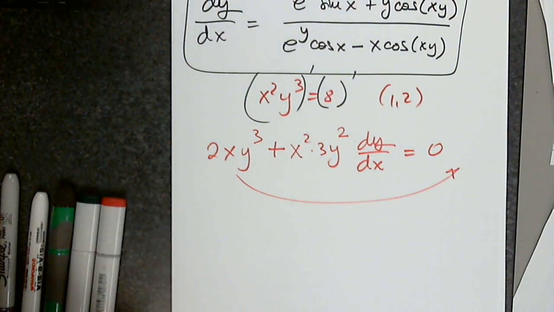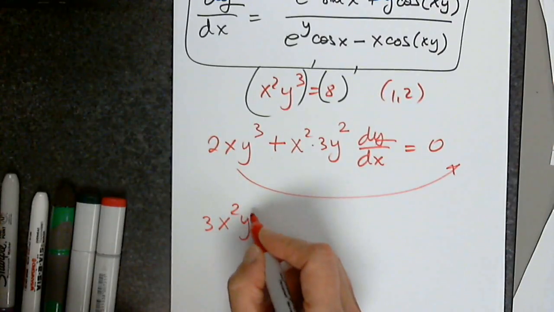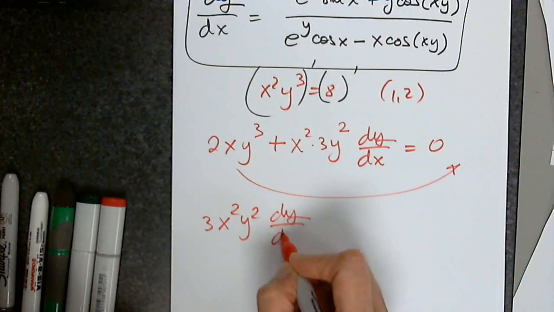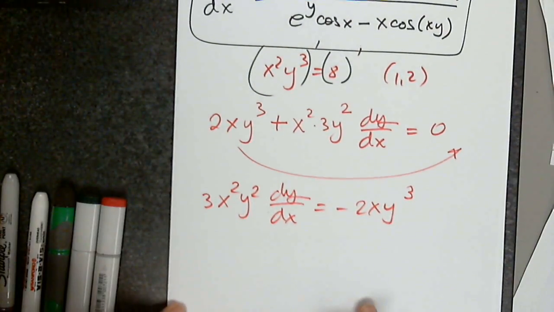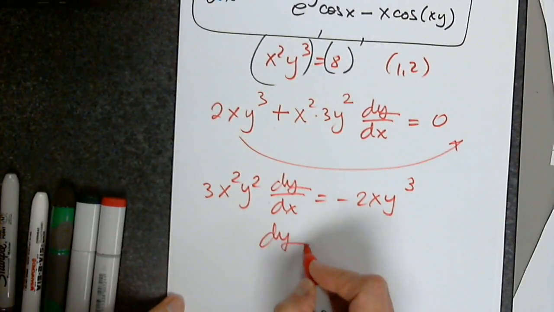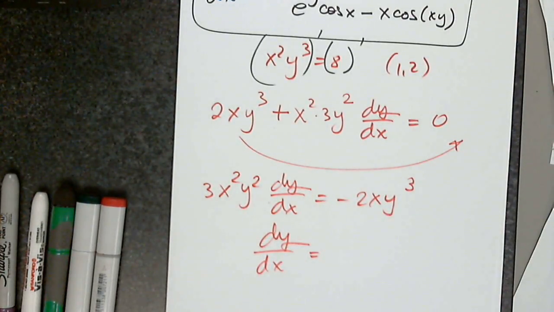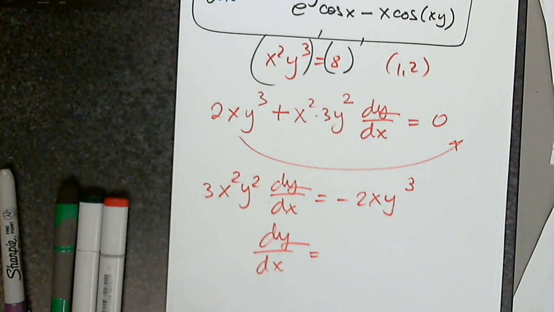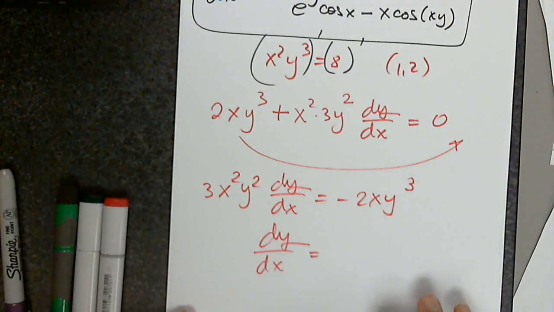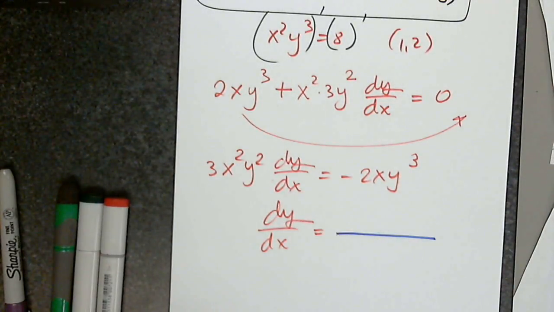I have to solve for dy over dx. I only have to move this term to the other side. So I have 3x squared y squared dy over dx equals negative 2xy cubed. So now I want dy over dx. What do I have to write? What does dy over dx equal? What is at the top?